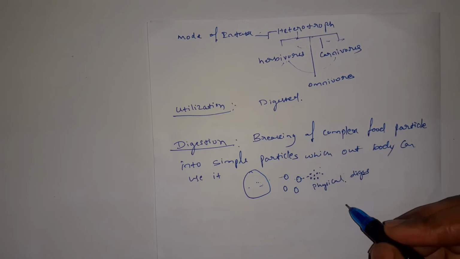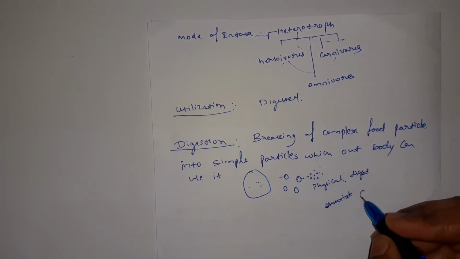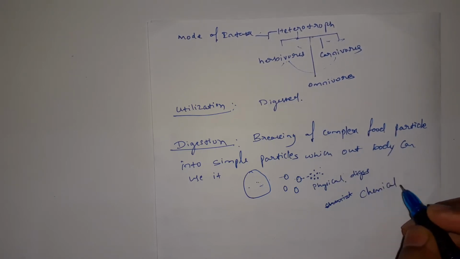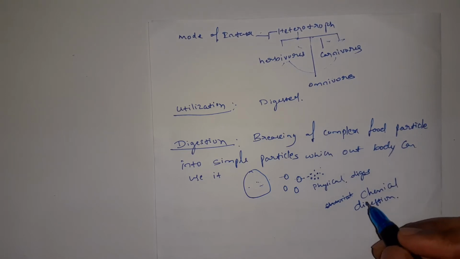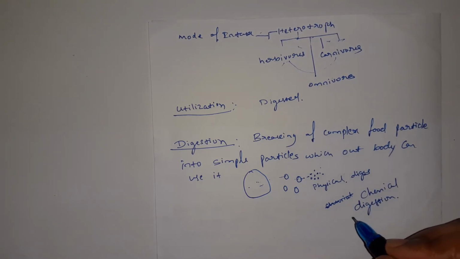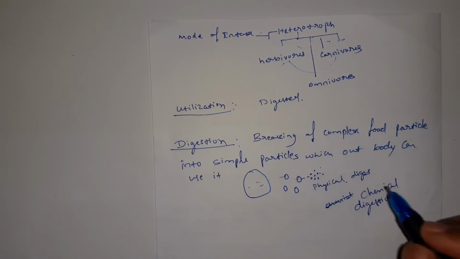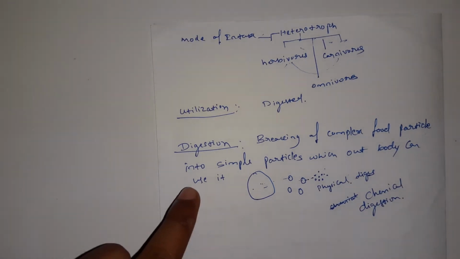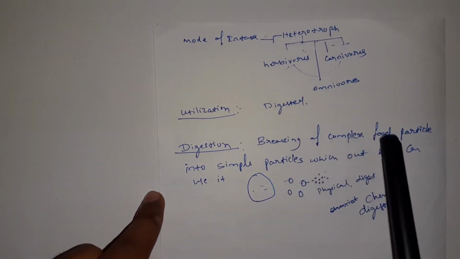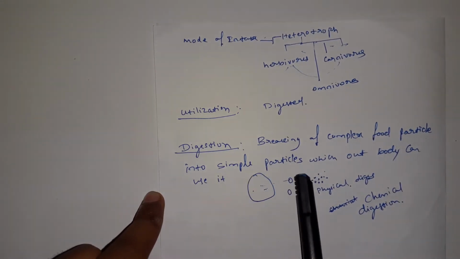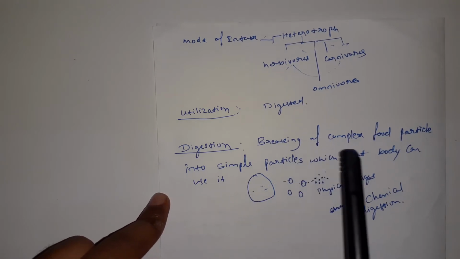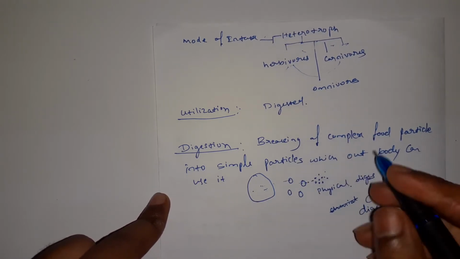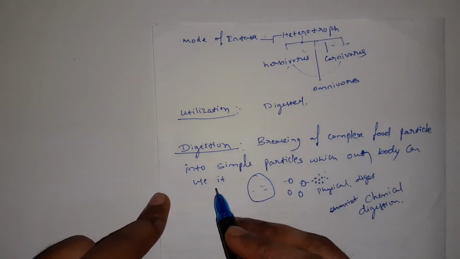Once food enters our stomach, chemical digestion starts. We'll learn what type of chemical digestion is going to happen inside our stomach. I hope you understood digestion. Digestion is the breaking of a complex food particle into simple particles, from a complex form to a simple form, which our body can use.